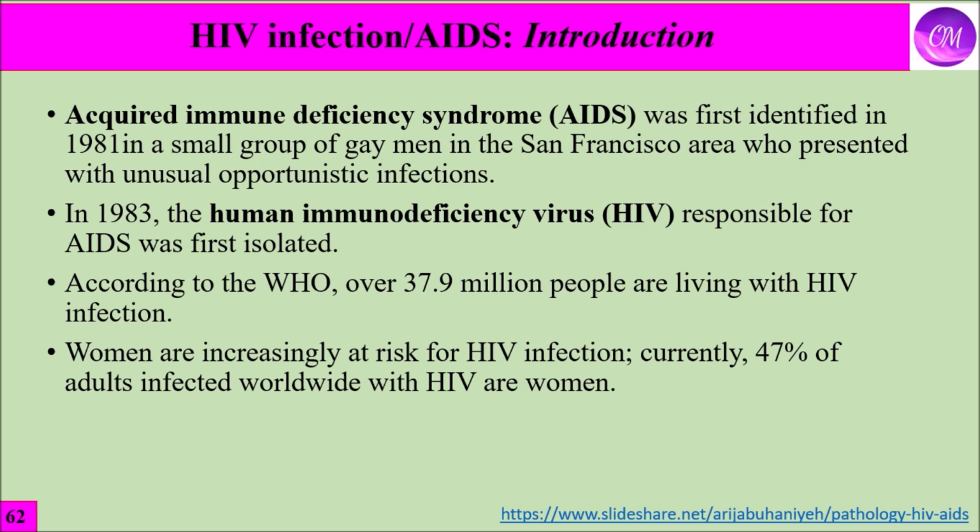In 1983, the human immunodeficiency virus responsible for AIDS was first isolated. According to the World Health Organization, over 37.9 million people are living with HIV infection. Women are increasingly at risk for HIV infection. Currently, 47% of adults infected worldwide with HIV are women.